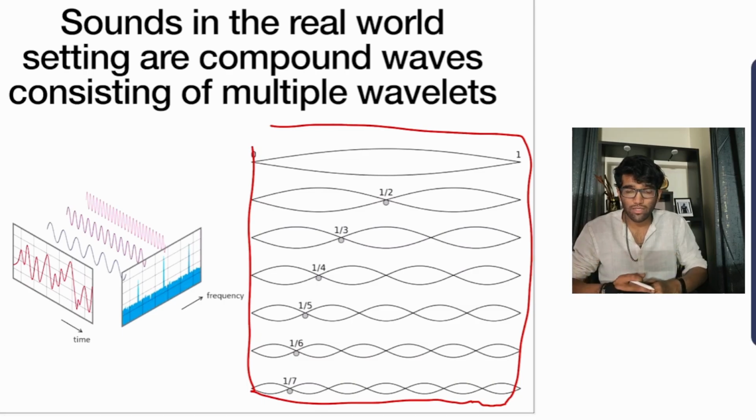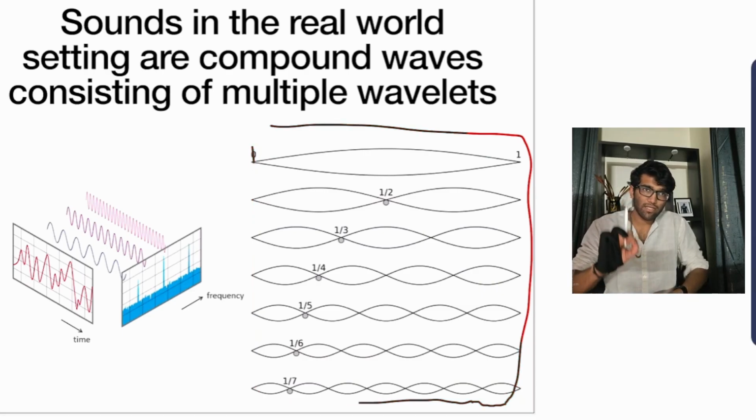Here I've given an example of the musical sound that is produced when a guitar string is strung. There are multiple frequencies that are possible, which are integer multiples of each other. The lowest frequency at which the guitar string can move to a maximum amplitude, back to its midline position, and then back to the maximum amplitude and so on, produces a periodic function.